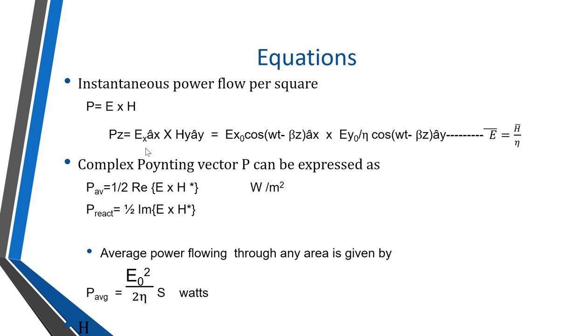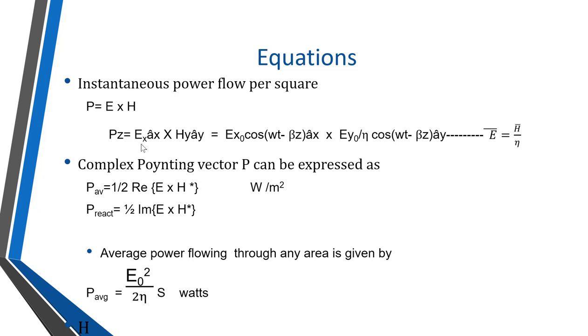So if E has an X component, H must have a Y component. Because of the cross product, the direction of P bar is the Z direction, so the power will flow in the Z direction where the electromagnetic wave is propagating.